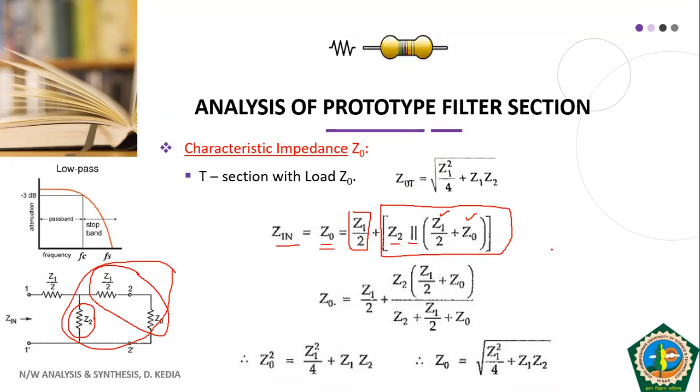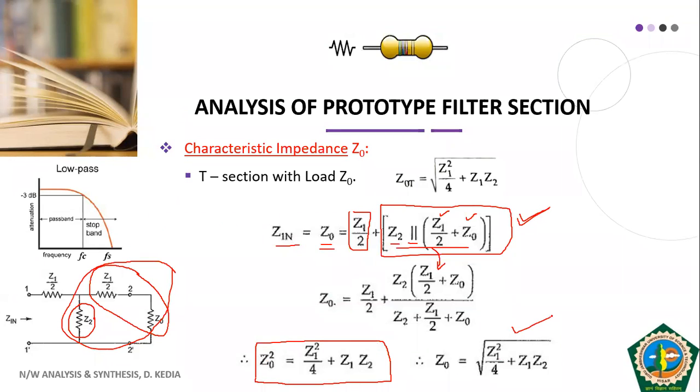Okay, so this expression you have to solve. We know the parallel combination formula that has been applied here. If you solve it completely, you will get Z0 square equal to Z1 square by 4 plus Z1 Z2. And what will be Z0?